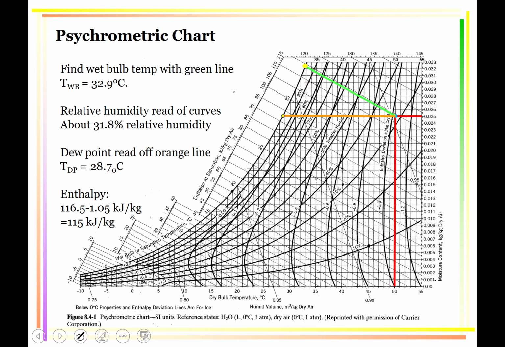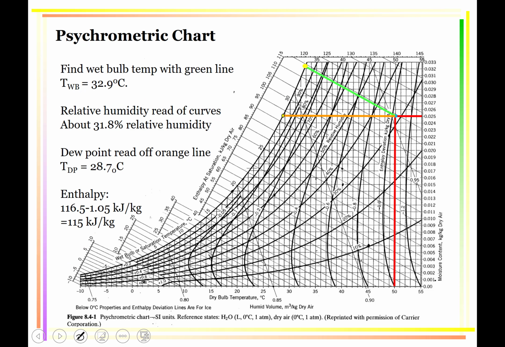So if we go up the adiabatic saturation lines to that saturation curve, then we find this dot, and we can read the temperature. Here's 30, 31, 32, and this would be 33, so we're almost at 33. So I picked out 32.9 degrees C for the wet bulb or adiabatic saturation temperature.